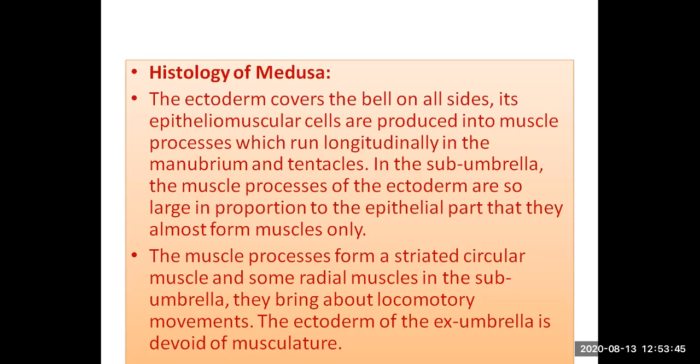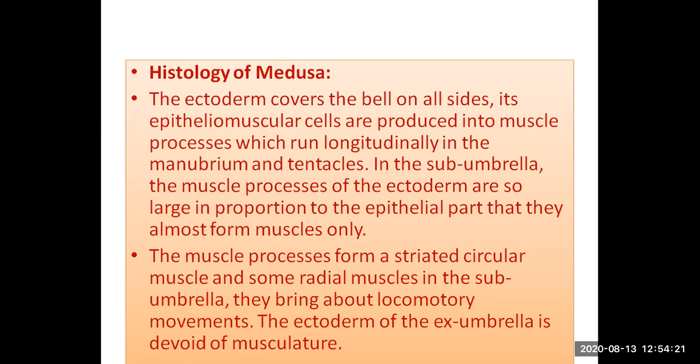In the subumbrella, the muscle processes of the ectoderm are so large in proportion to the epithelial part that they almost form muscles only. The muscle processes form the striated circular muscle and some radial muscles in the subumbrella. They bring about locomotory movements.